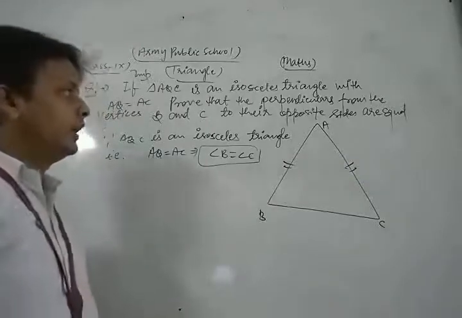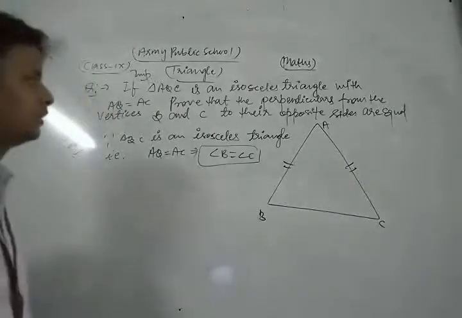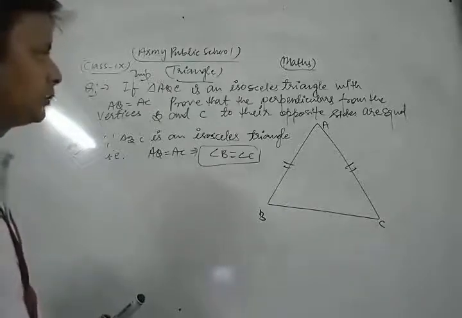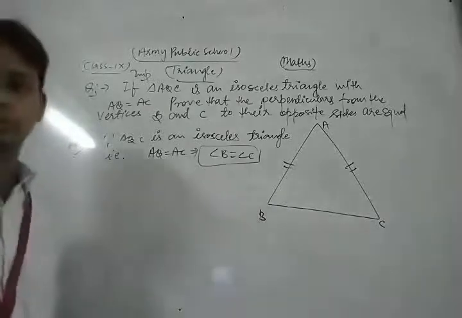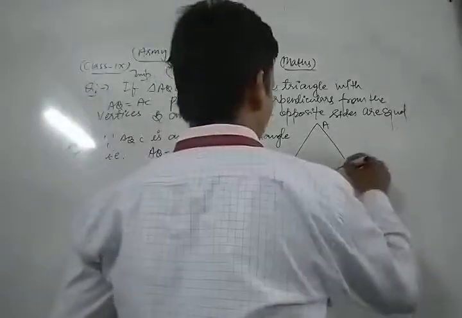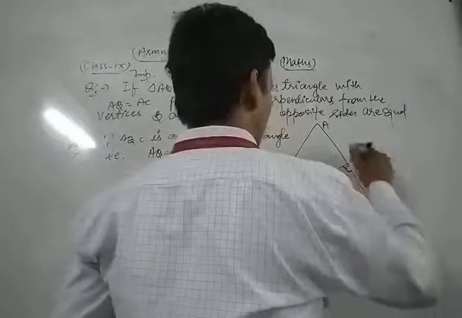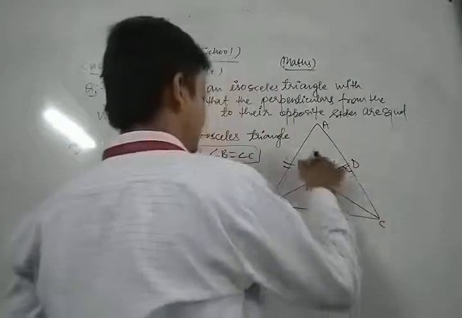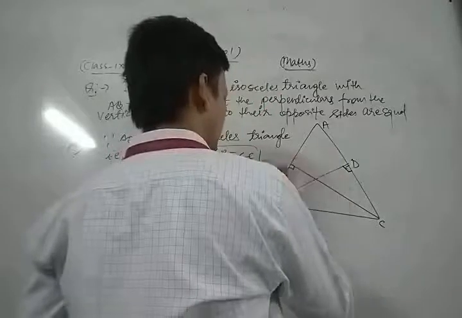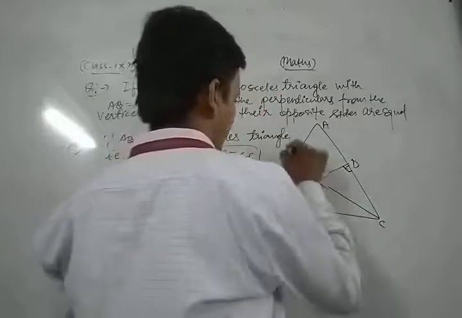Now, the question is, prove that the perpendiculars from the vertices B and C to their opposite sides are equal. So suppose we draw two perpendiculars, BD and CE.